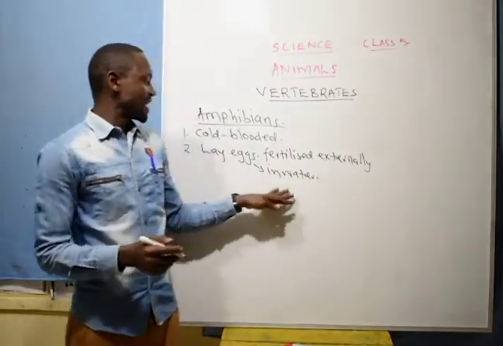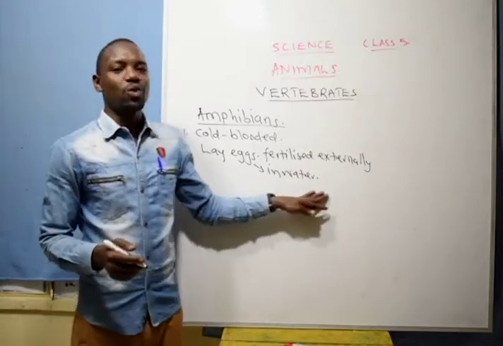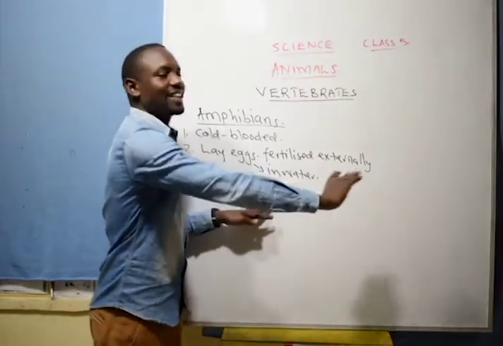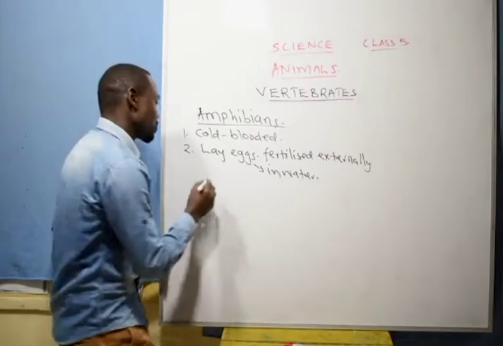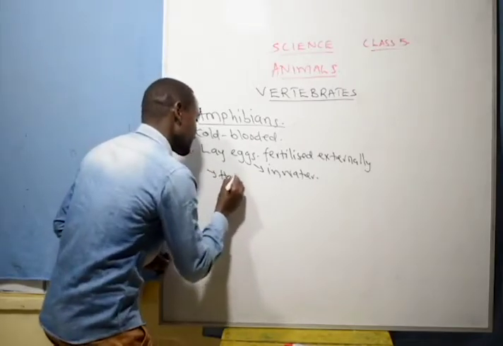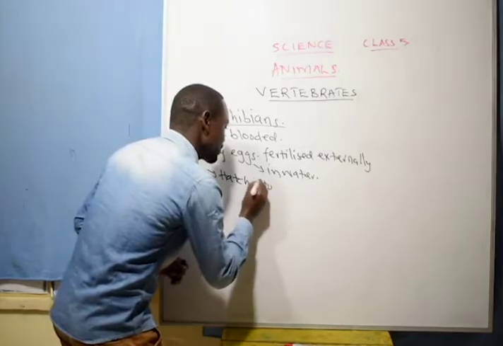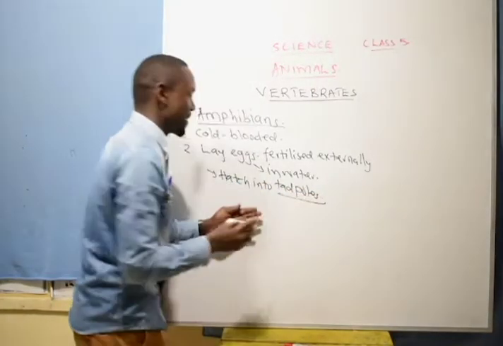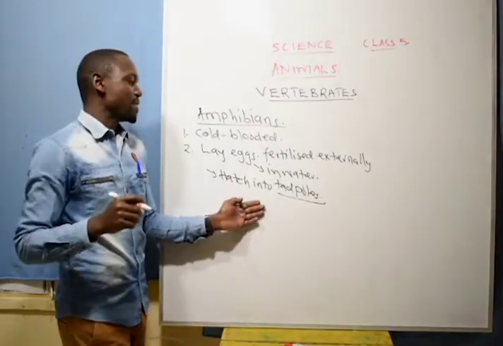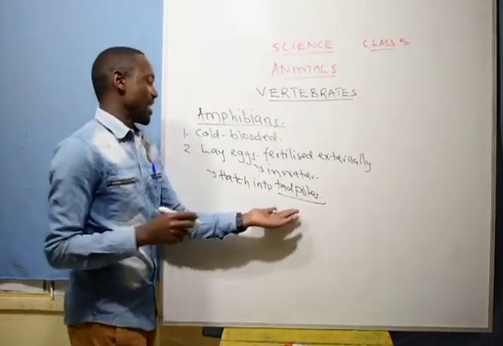So, once the female lays the eggs in water, the male comes through fertilizing the eggs. So these eggs hatch into tadpoles. What does this mean? The young one of any amphibian is called a tadpole.